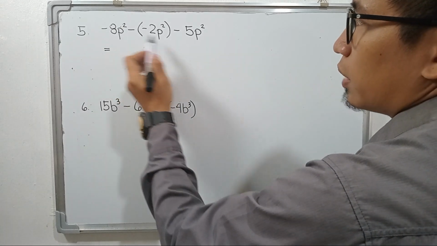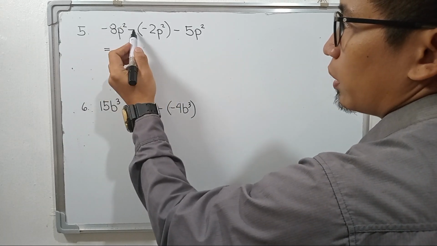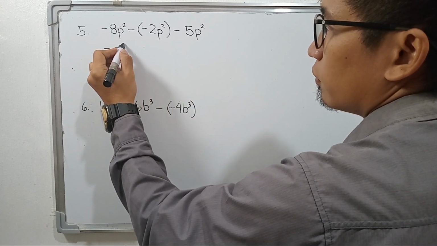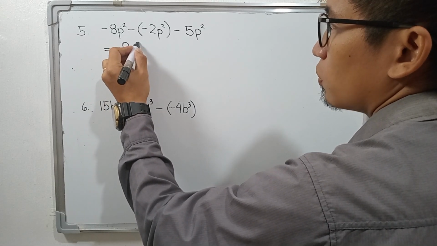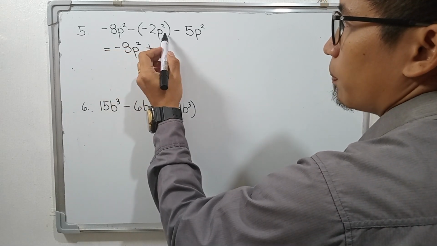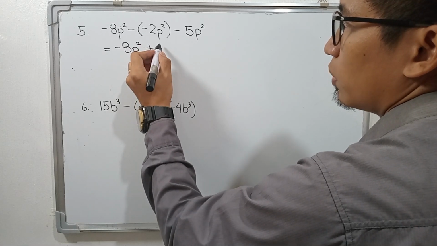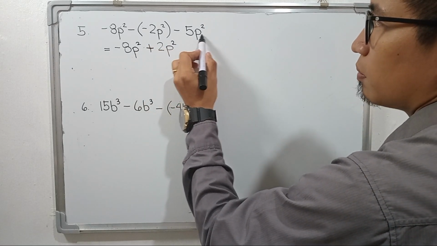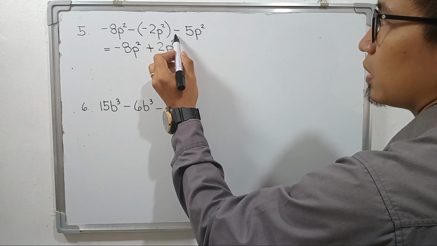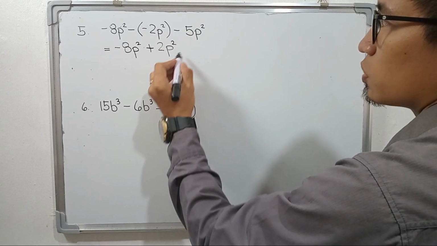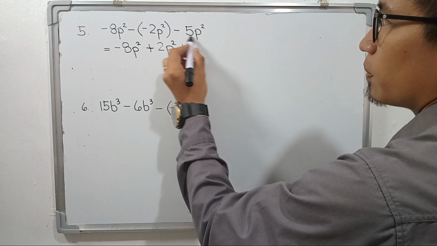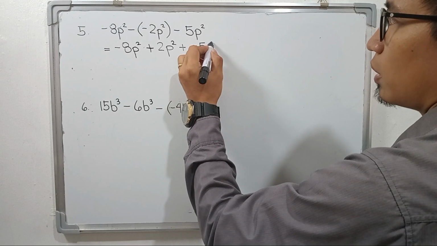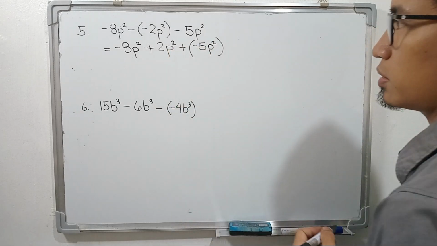So another way of writing negative 8p squared minus negative 2p squared will be negative 8p squared plus the opposite of negative 2p squared will be positive 2p squared. And then we have here minus 5p squared. Another way of writing this will be plus the opposite of 5p squared will be negative 5p squared, and then you put it inside the parentheses.